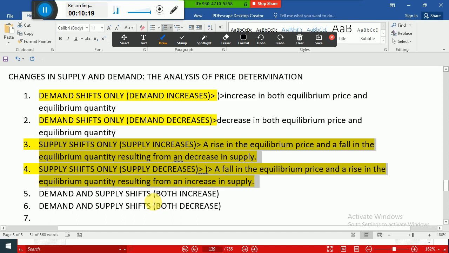As a result of the increase in demand, the demand curve will shift upward or rightward. Similarly, as a result of the increase in supply due to any factor other than its own price, the supply curve will also shift rightward or downward.